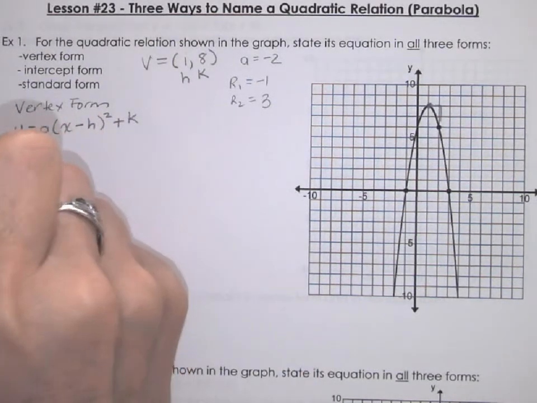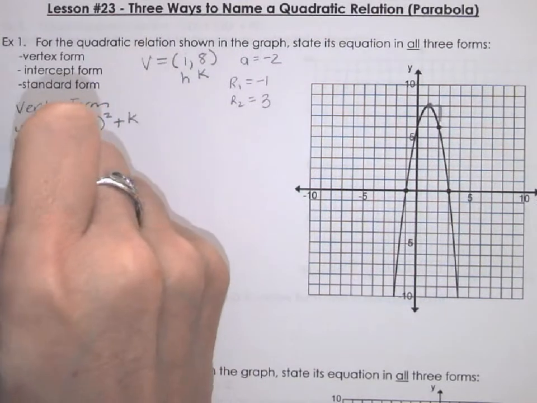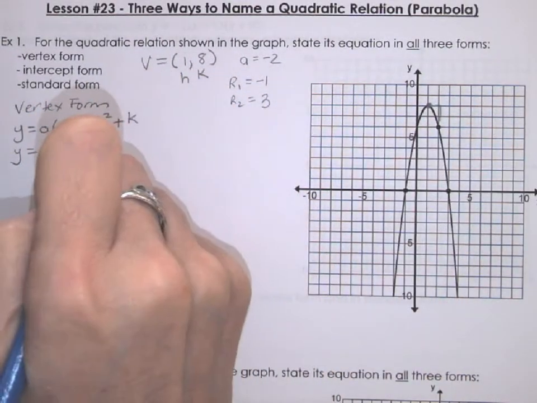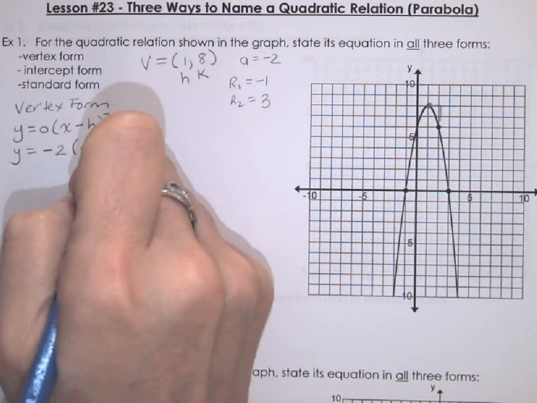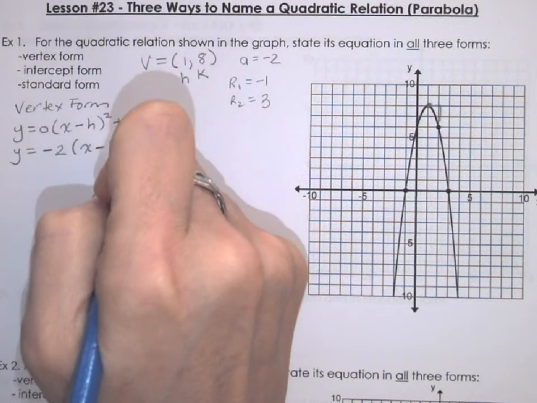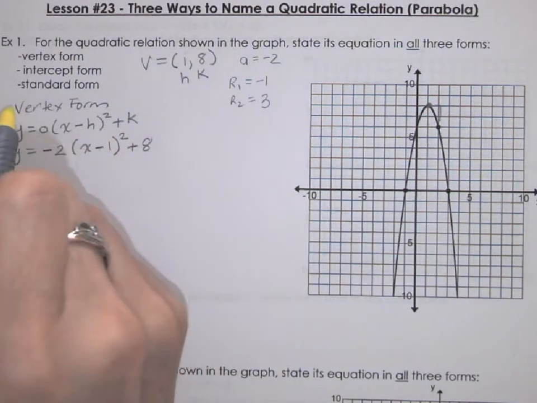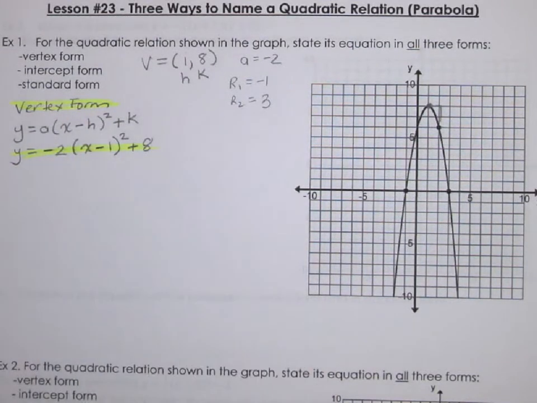So a is -2, parabola is opening downwards, bracket, x minus h, h is 1, so x minus 1, remember the minus in the formula, squared, that's what makes it a parabola, and k is +8, so +8. So that's all we had to do in order to get the equation in vertex form. So there it is right there. It's our equation in vertex form.